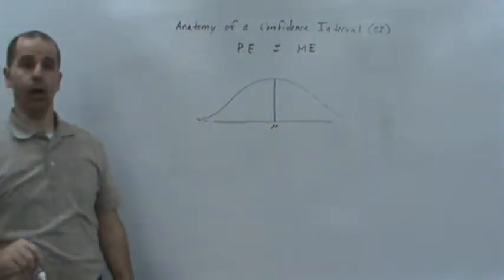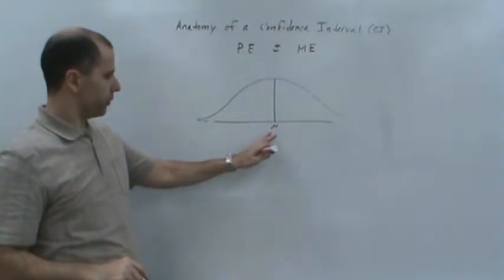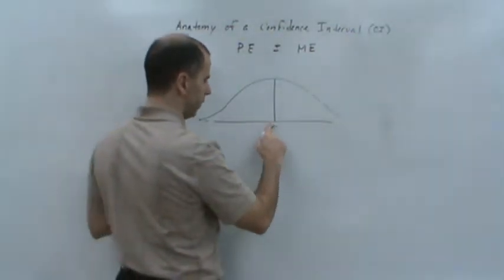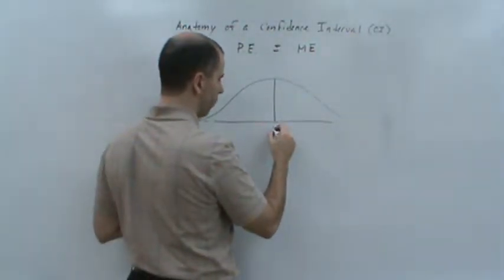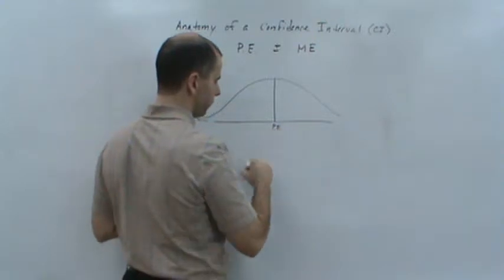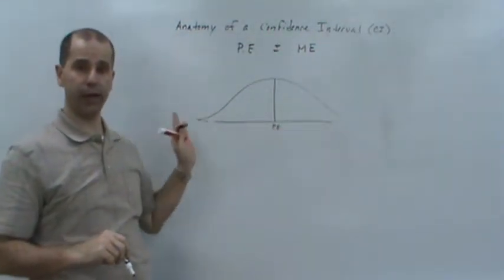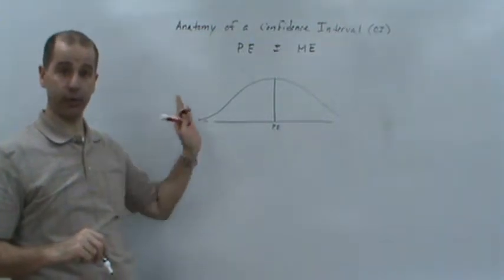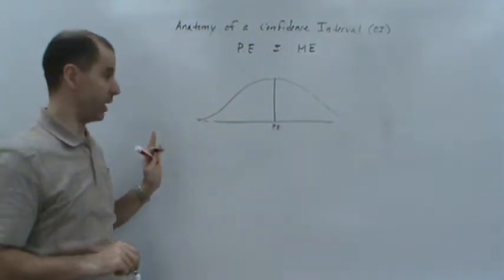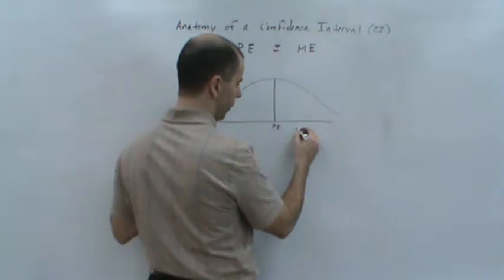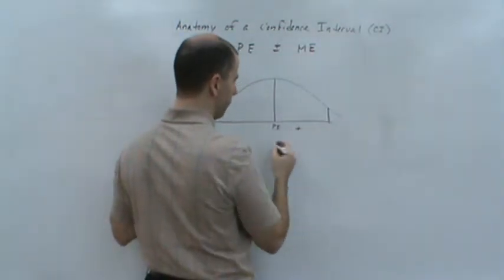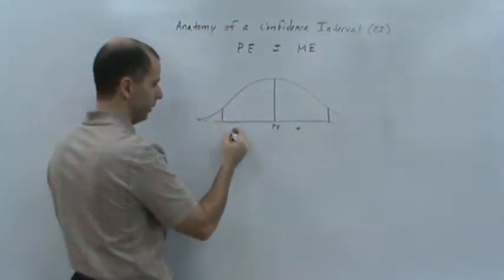Well, what we're going to do is replace the mean with our point estimate, and then we're going to go out in both directions by a certain distance, based on our margin of error. So we're going to go out to, let's say, here and over here, equal distance.